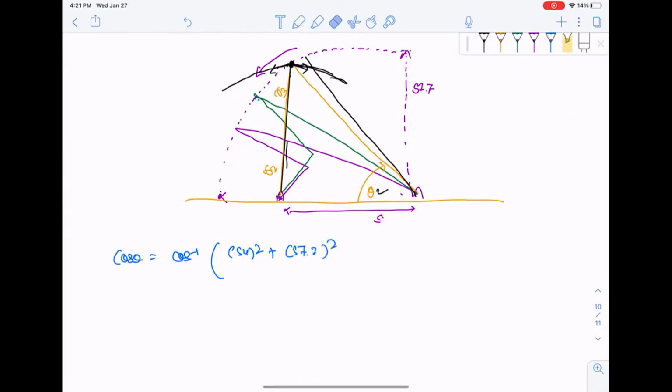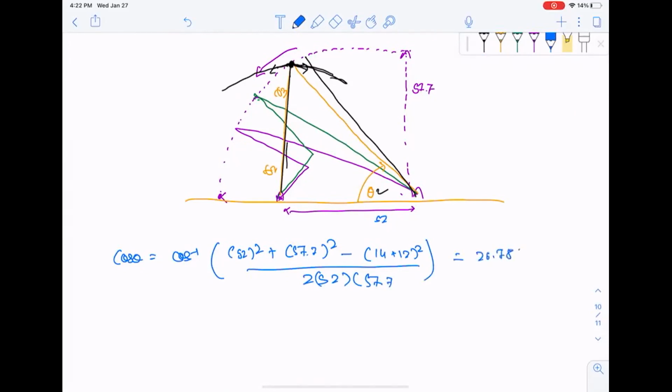Let me correct myself. This is 52 and this is 52 square, minus (14 plus 12) square, upon 2 into 52 into 57.7. If you solve this equation, the answer that you would get is 26.78 degrees.